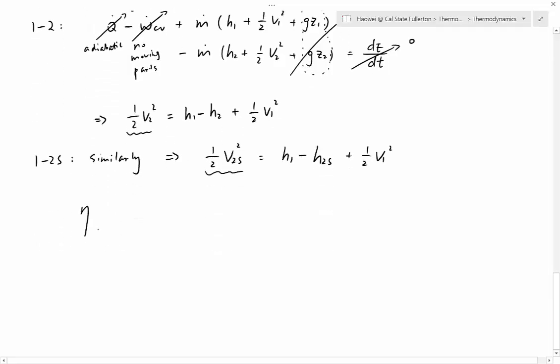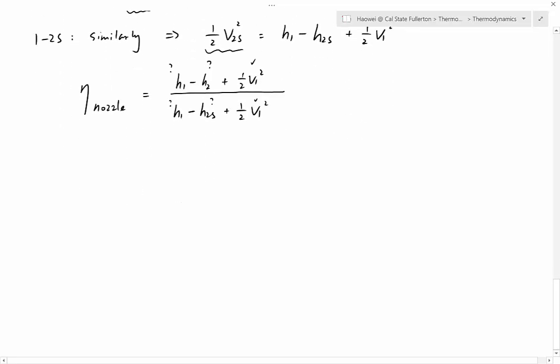So eta nozzle this time can be rewritten as (H1 minus H2 plus 1 over 2 V1 squared) over (H1 minus H2s plus 1 over 2 V1 squared). And V1 is given. What we need to do is to find H1, H2, and H2s. We just need to find those three enthalpies, and then we will be done.